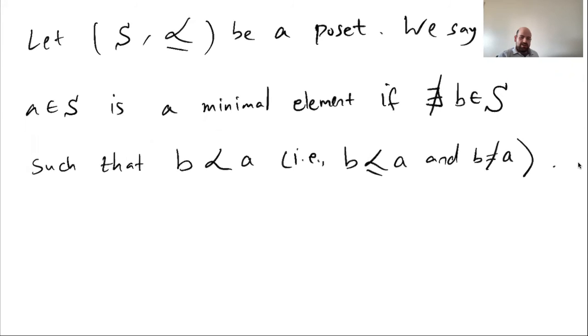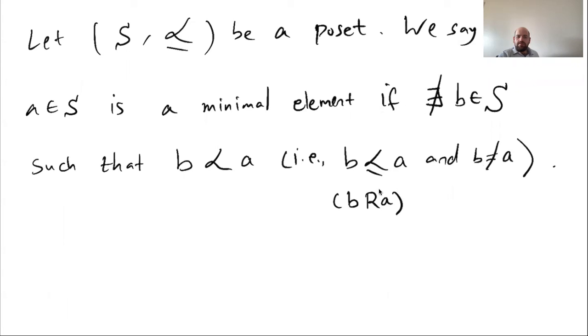Well, this notation, curly less than: we defined curly less than or equal, but what is the meaning of curly less than? Curly less than means B is curly less than or equal to A and B is not equal to A. Curly less than or equal means B R A, right?